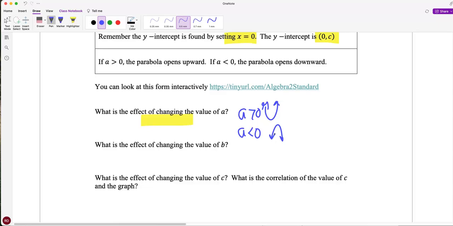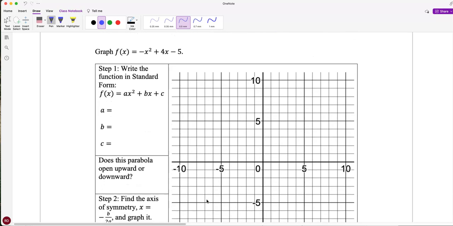The value of b, as I move the b, it changes the vertex, the axis of symmetry, and also the x-intercepts. The value of c is just my y-intercept, so it just moves the guy up and down, okay? Now, let's take a practice.